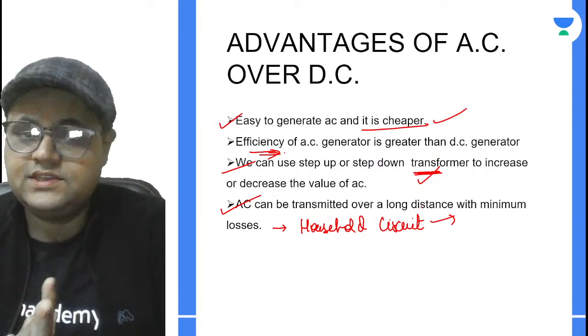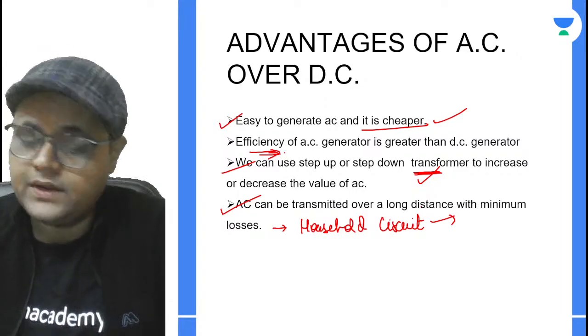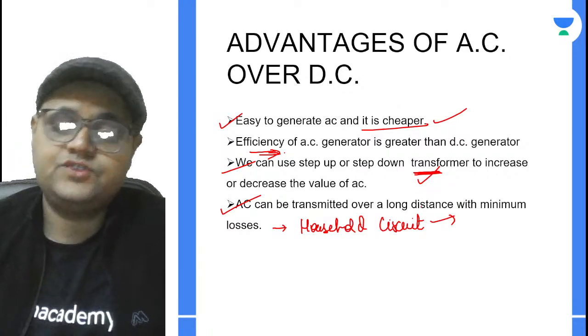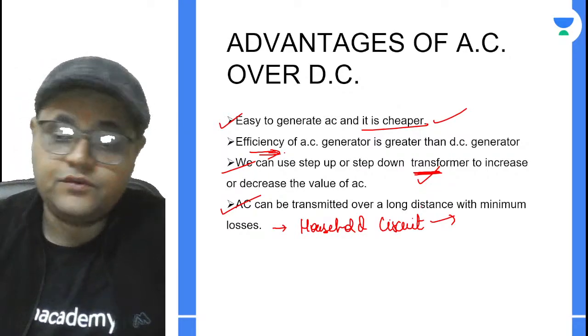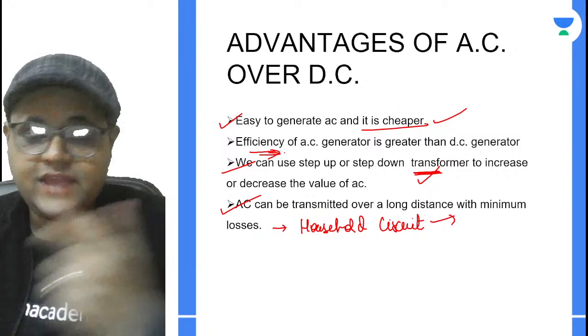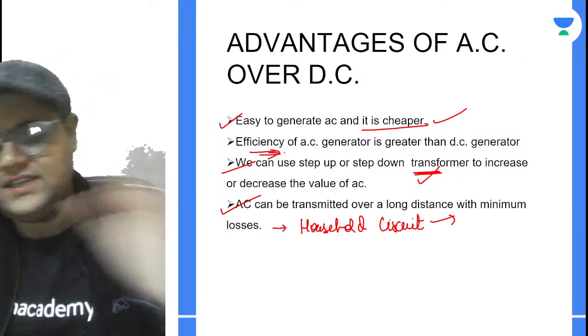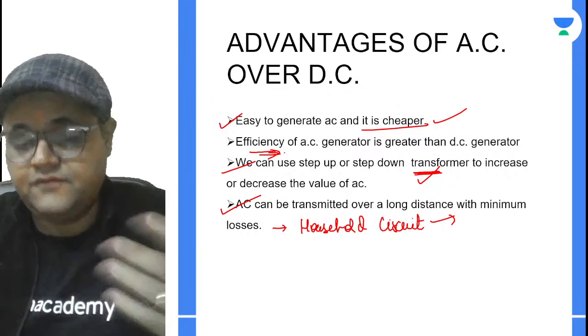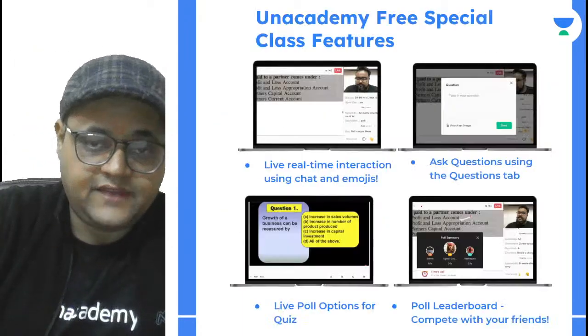So these are a few advantages of AC over DC, which you have to keep in mind because they often ask a 1 mark question in your board exams, so you cannot afford to get that question incorrect. Very easy, very conceptual, and with a lot of practical advantage.